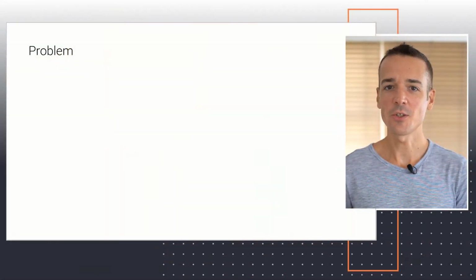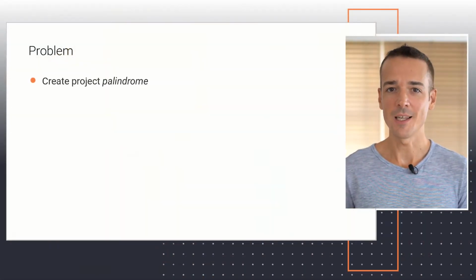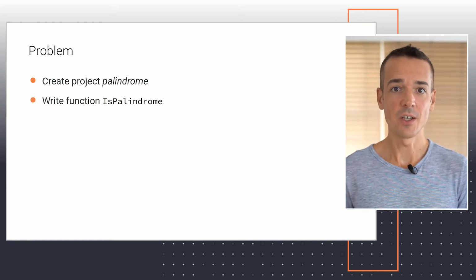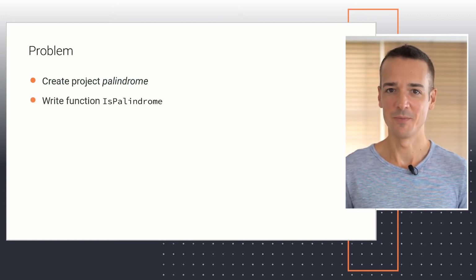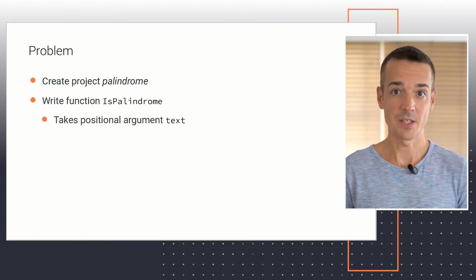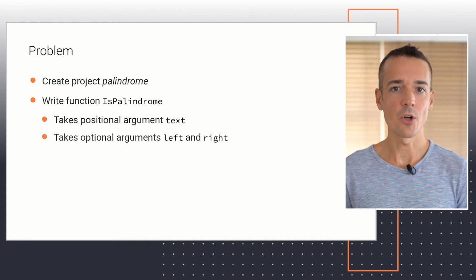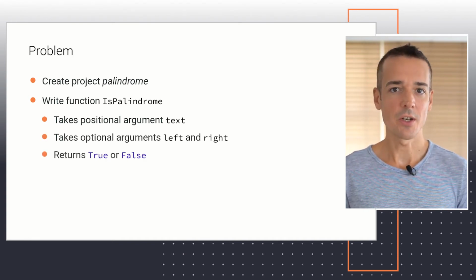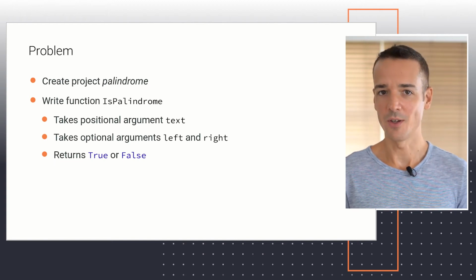Use the code editor to create a new project named Palindrome, and in it, define a function named isPalindrome. This function takes 3 arguments. The first is a positional argument named text, and the next 2 are optional arguments called left and right. The function is meant to return a Boolean value set to true or false.